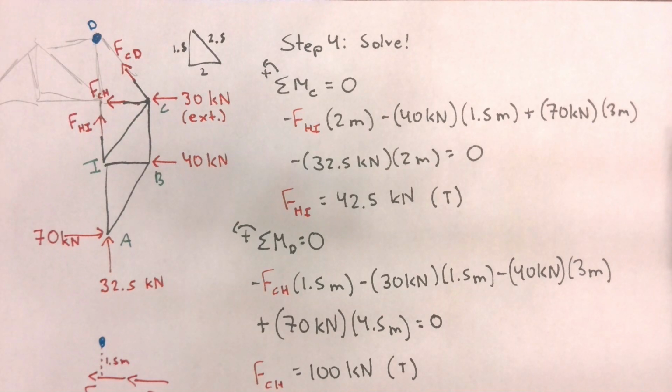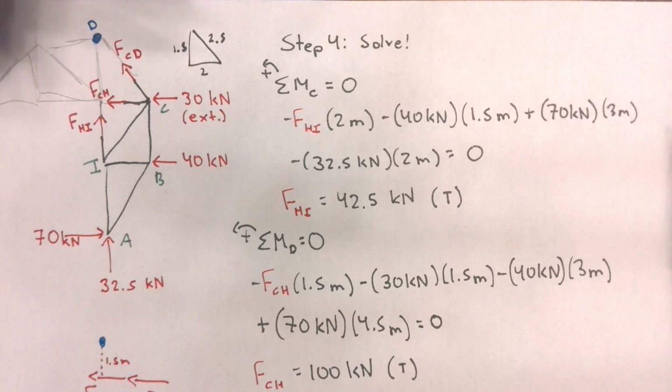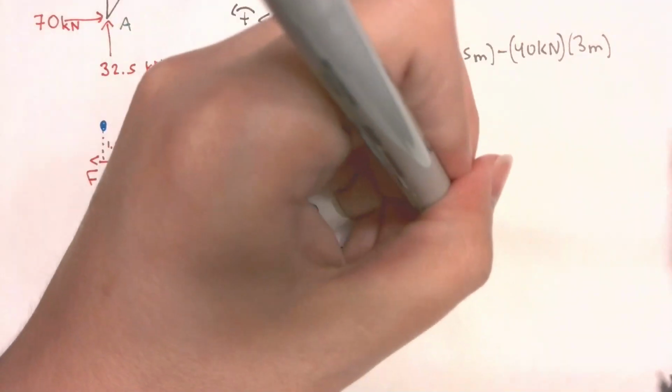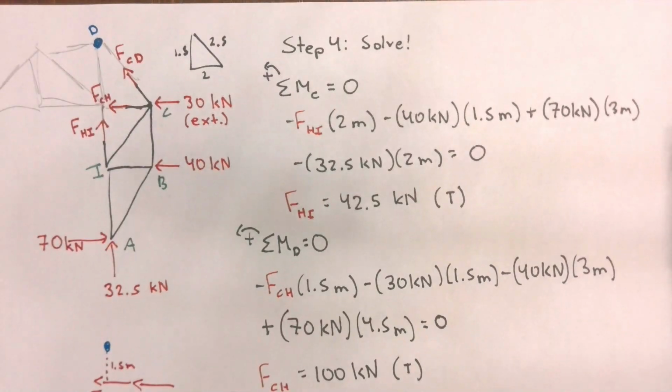If you don't know that, that's okay. Just use the Pythagorean theorem, and you'll get that the hypotenuse is the square root of 2 squared plus 1.5 squared, which should give you 2.5. Okay, so I can write down my component. It's positive because it's pointing upward. I have my unknown force CD, and I multiply that by the slope.